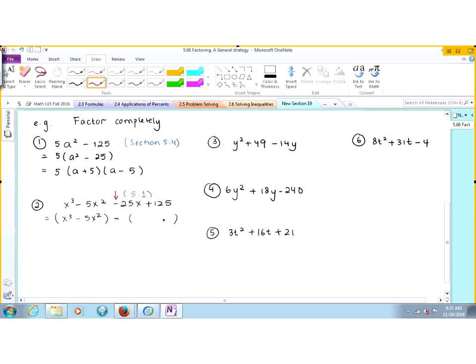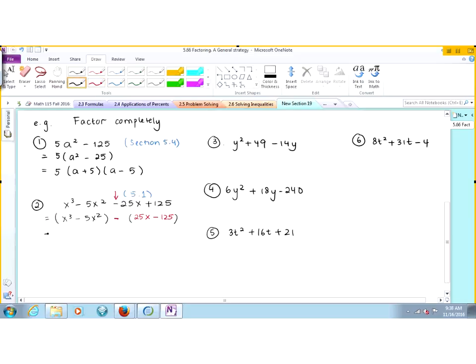When I take out the negative, what am I left with? Yes, 25x and then minus 125. So we group the first 2 terms and the last 2 terms. And remember, if this is negative, make sure to group it correctly.